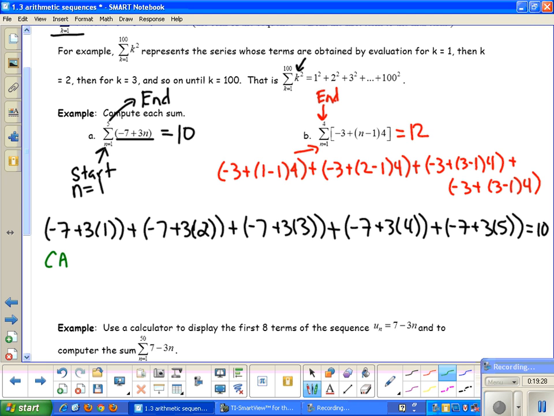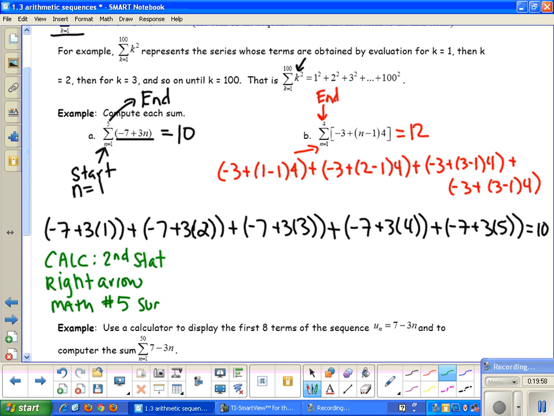So in your calculator, you're going to hit second and stat, and then you're going to right arrow over to math and number 5, which is the sum.